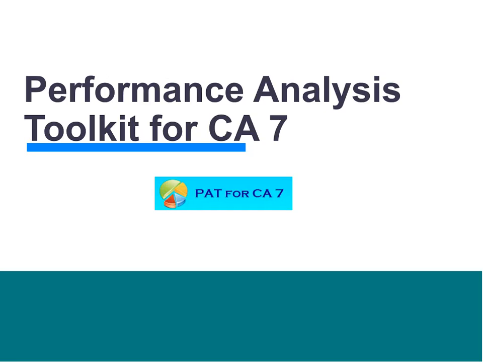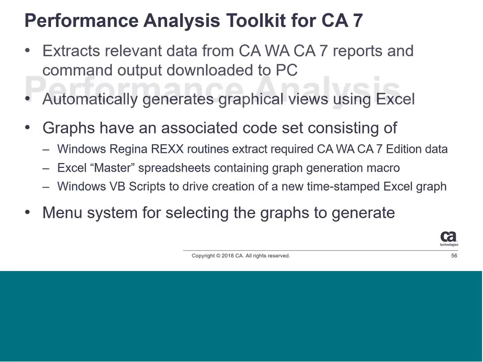Now, all of the graphs that were in this report are produced or will be produced. Some of them were produced manually initially, but I got fed up of doing this manually at different customer sites. And so I started building a toolkit to help me generate those graphs easier, and then decided to make that available to you guys. So what it does is extract, you run the reports as identified in the documentation.